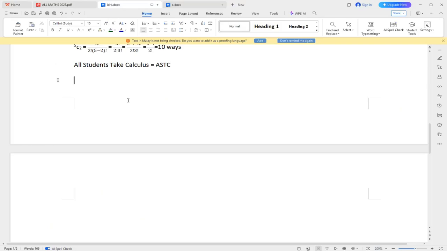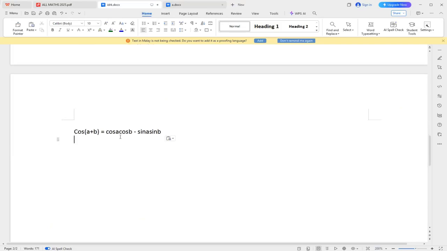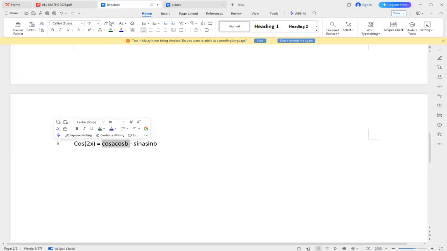The first one is the double angle identity of cos, which states that for 2 angles A and B, cos(A+B) is equal to cos A cos B minus sin A sin B. In this case, since we are dealing with both angles being the same, x, we have cos(x+x), which is cos 2x, equal to cos A cos B, which is cos squared x, minus sin squared x. Now this is our first identity.